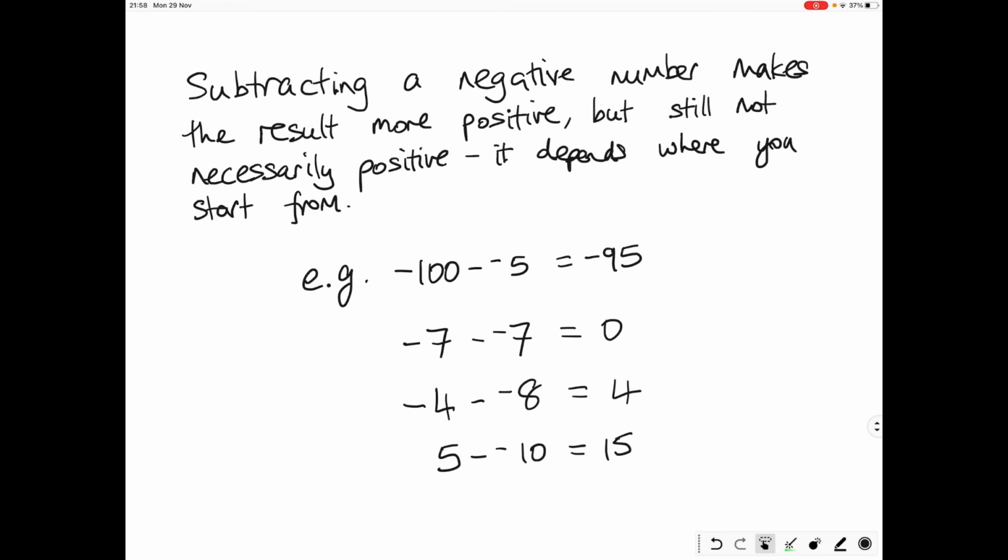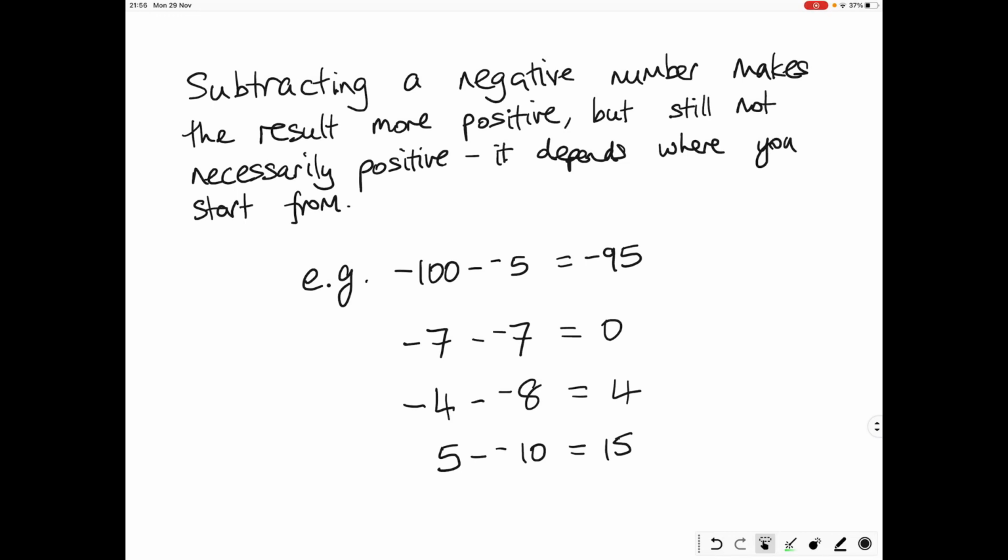That's what's happening when we calculate negative 4 subtract negative 8. The negative 8 is so negative compared to the negative 4 that when we take it away, it improves the situation enough to make the result positive overall. Subtracting negative 8 is the same as adding 8.